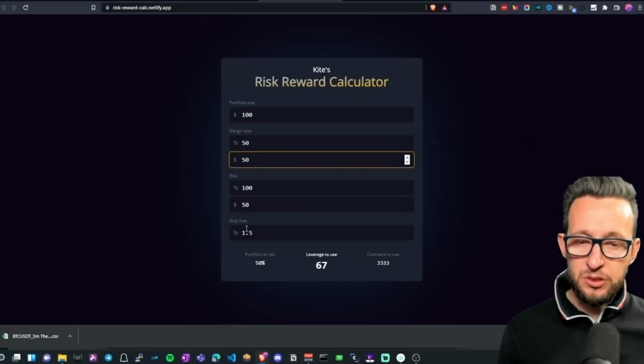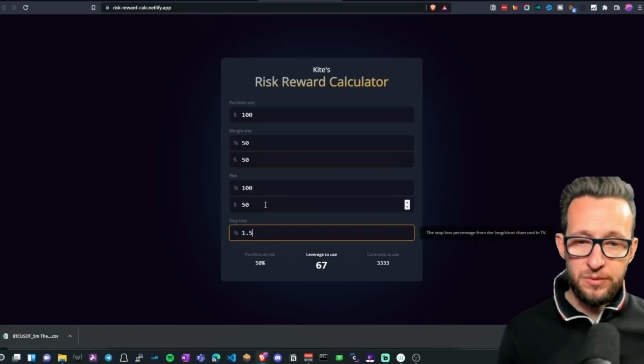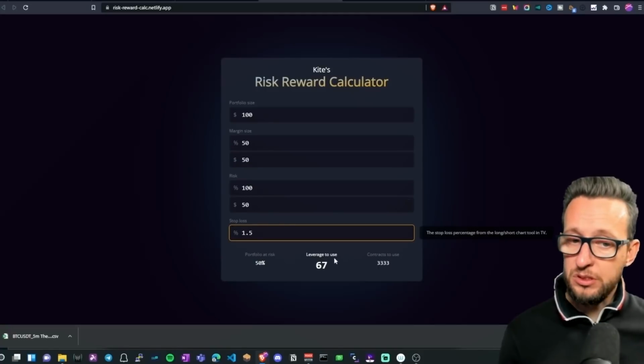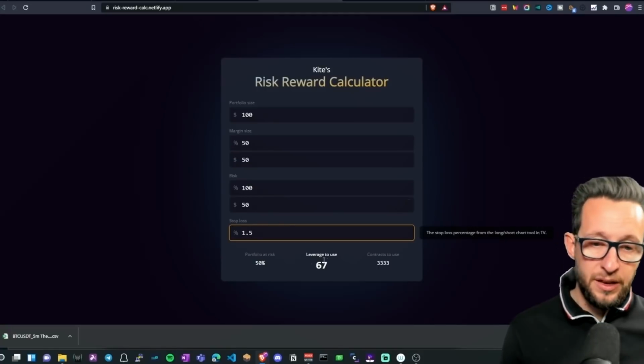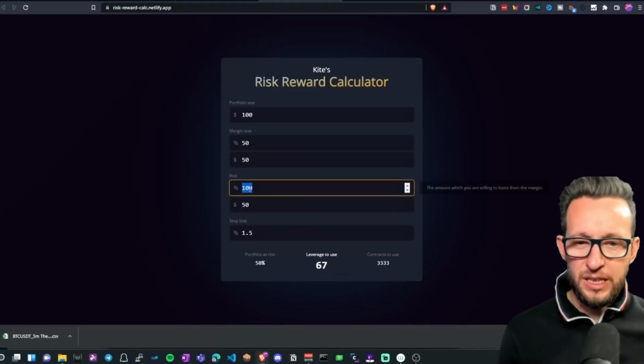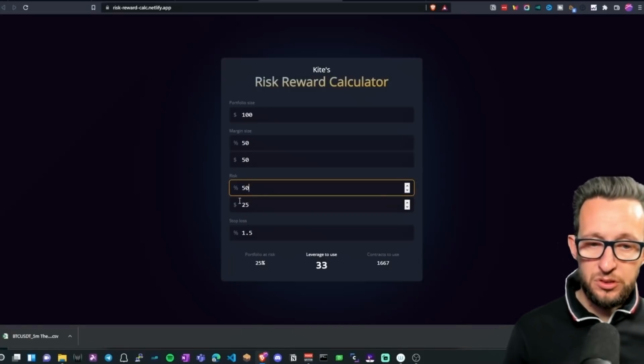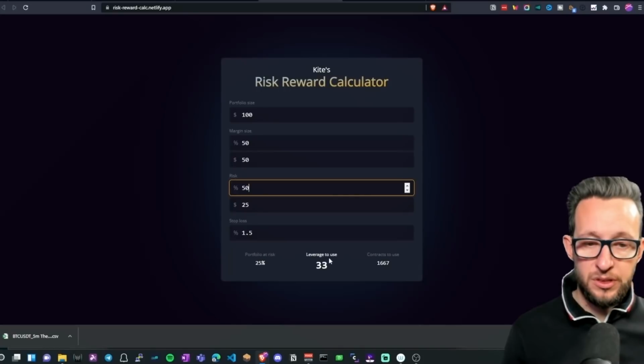And we want to put a stop loss at 1.5, so we're not risking any more than 1.5 of that amount. So if we wanted to risk the full amount of the $50 and we're happy to lose the $50, we could use up to 67x leverage. Now, if you want to take that down to 50% of that, so you're only risking $25, you can take your leverage down to 33.